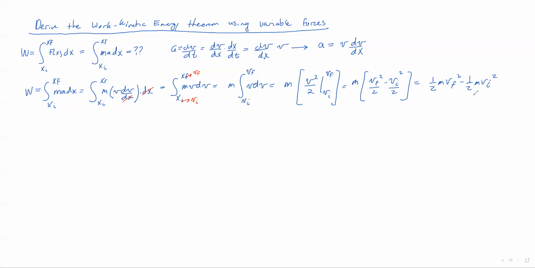Look at how pretty that is. The expression just pops out. So you get that W is 1/2 mvf squared minus 1/2 mvi squared, which is equal to Kf minus Ki. So we would call that a derivation.